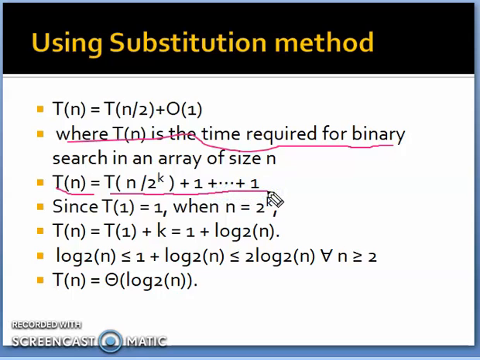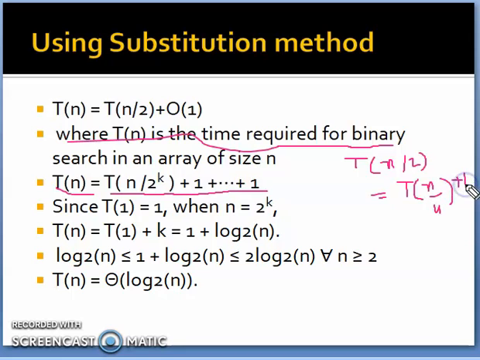How have we achieved this? What we have done is we have iteratively substituted the value of T of n by 2 as T of n by 4 plus 1. So T of n by 2 is equal to T of n by 4 plus 1.